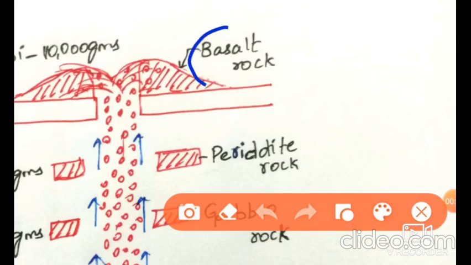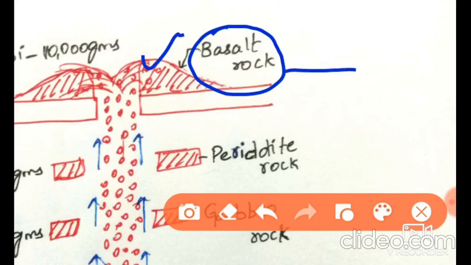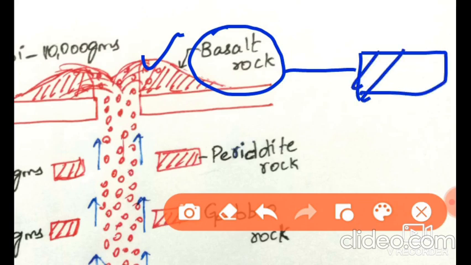Now this basaltic rock is an oceanic crust. Magmatic differentiation of this basaltic rock leads to the formation of granite, which is continental crust, which means this granite rock has much more silica than basaltic rock.